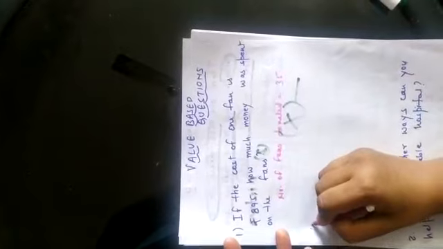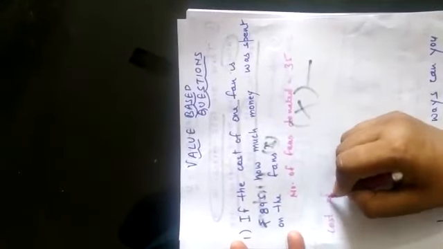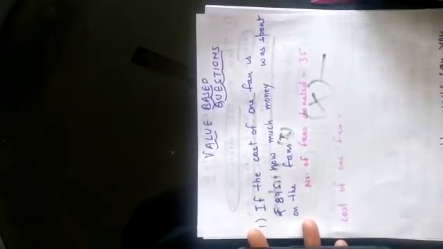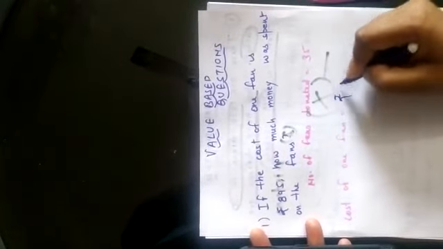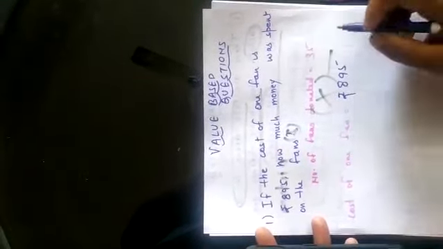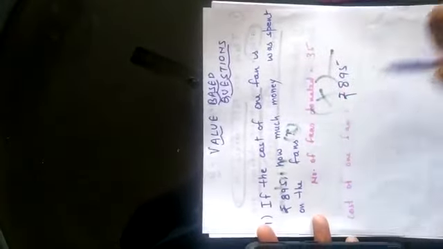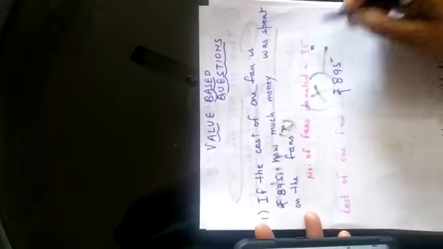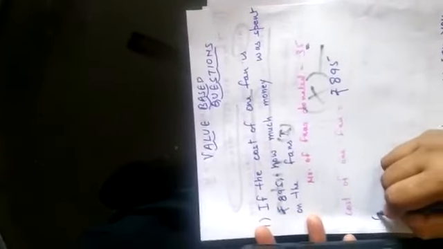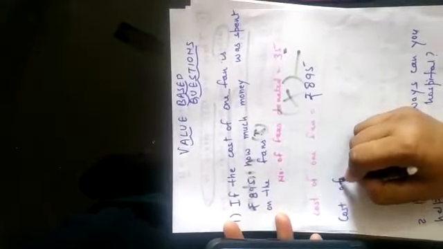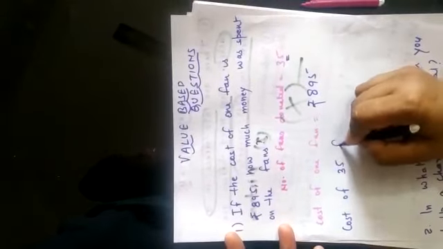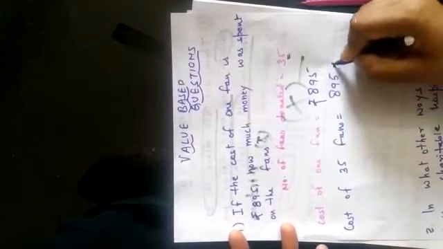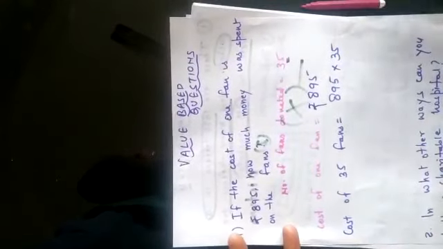Okay. So cost of one fan is equal to rupees 895. Okay. How much money was spent on the fans? So how many fans were donated? 35. So cost of 35 fans is equal to 895 multiplied by 35, right?